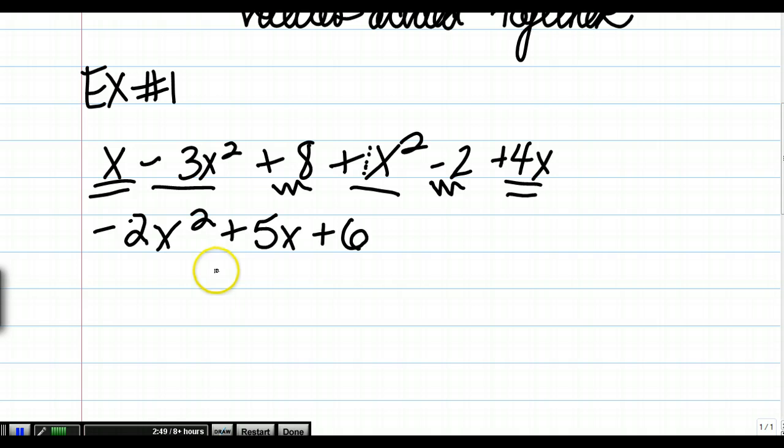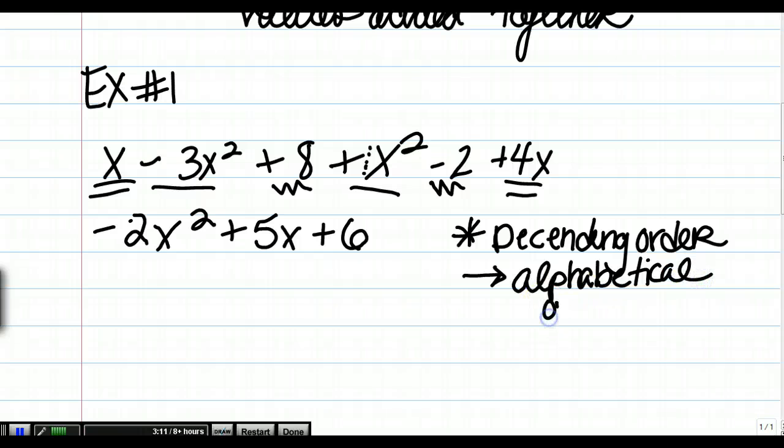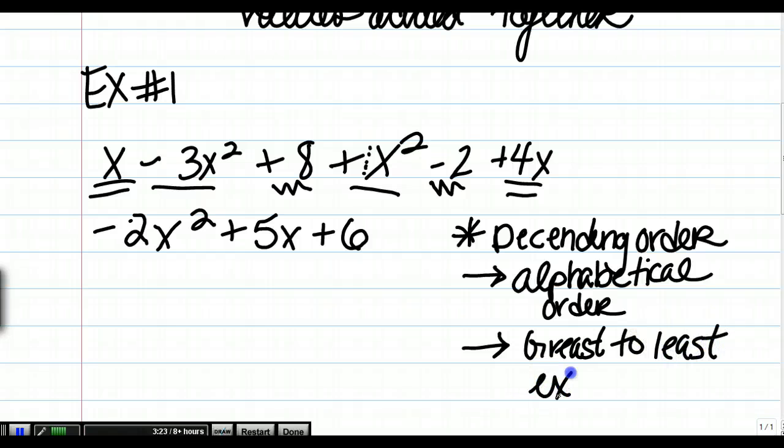You want to make sure that it's in what's called descending order. Descending order, you're looking at alphabetical order, and then you're putting it from greatest to least exponent value.